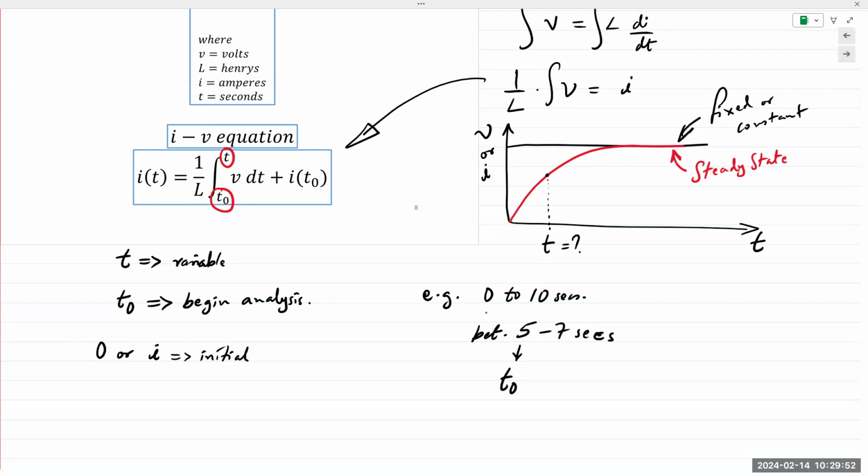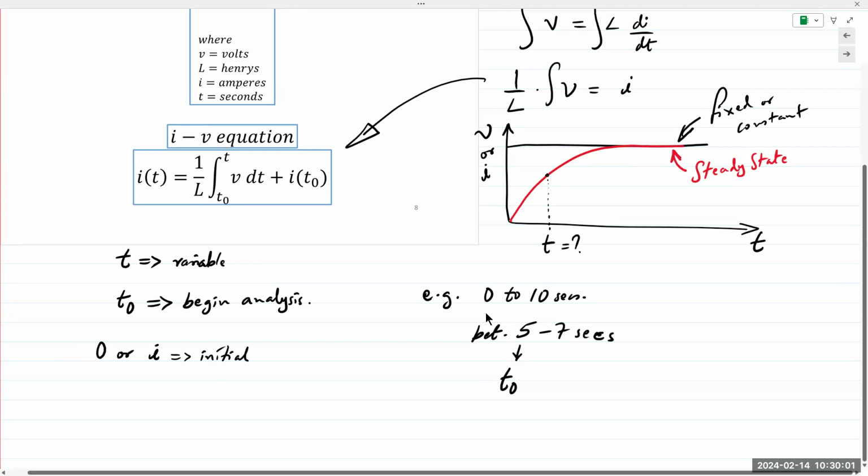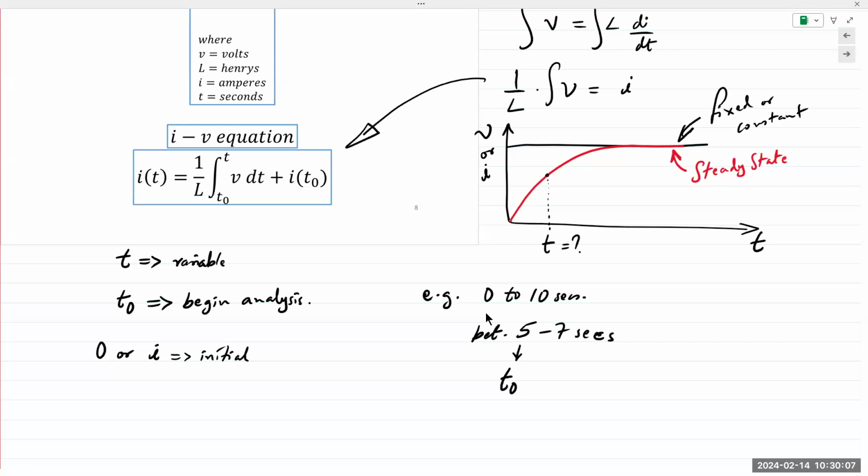So it could be either t0 or ti, the initial value. I don't like to use i because i is already used for current, so sometimes it can get confusing. So it's simply the integral of the voltage. You're simply adding up the voltage between those times, from 5 to 7 seconds.